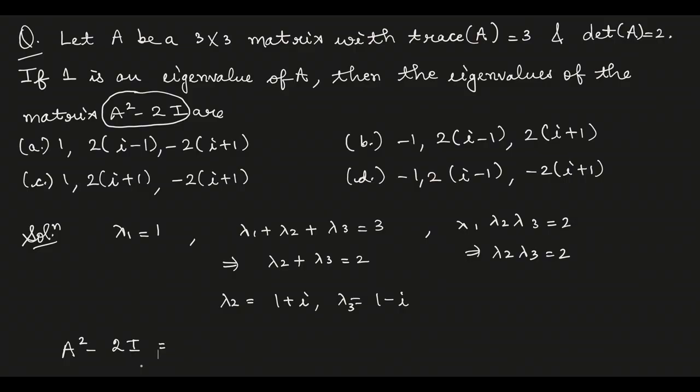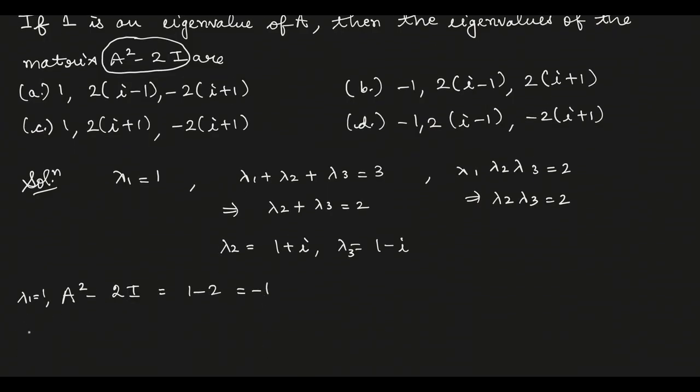It's option two. A square minus 2I means if lambda 1 is 1, then 1 minus 2, minus 1. When lambda 2 is 1 plus iota, then (1 plus iota) square minus 2.